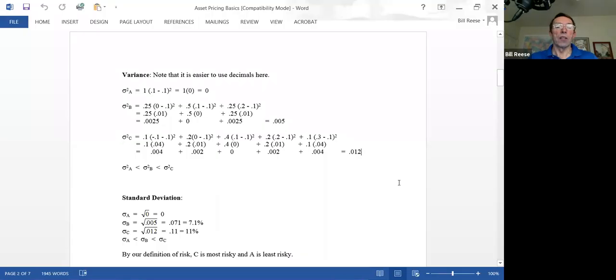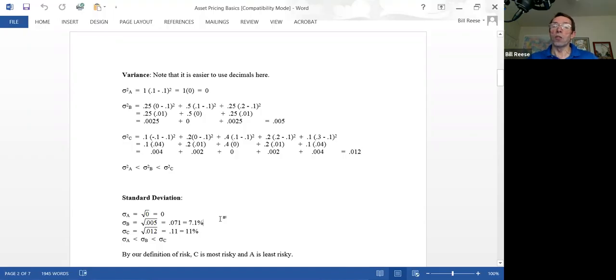Now, as we learned in our last video session, to calculate standard deviations, you simply take the square root of the variance. So the square root of 0 is 0 for stock A, so it's got both a variance of 0 and a standard deviation of 0. Stock B, if the variance was 0.005, the square root of that is going to be 0.071, which we typically express in finance as a percentage.